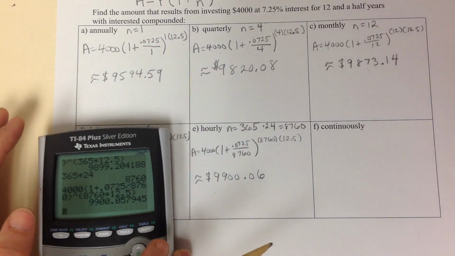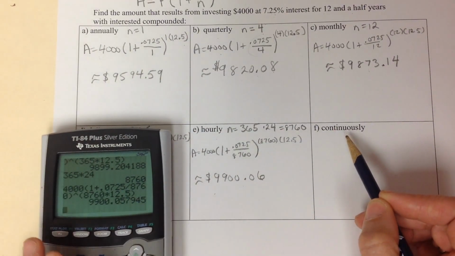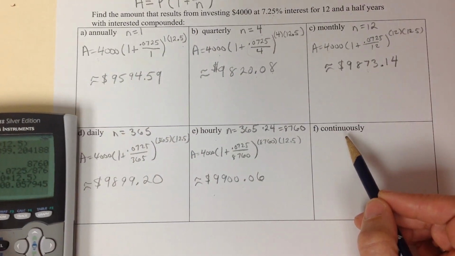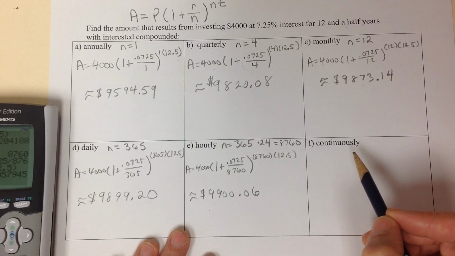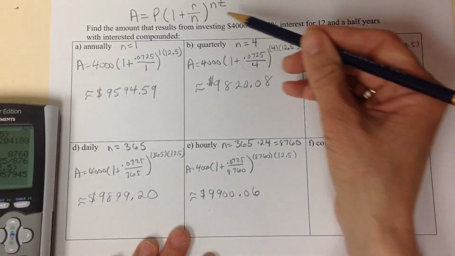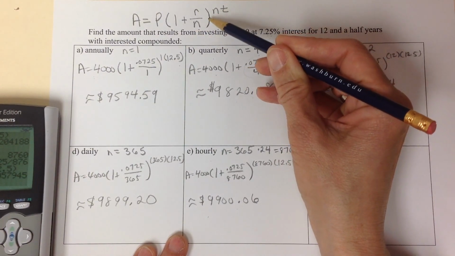Well, what about this one? It's compounded continuously. That means at every single possible instance in time, you get interest. So more than every half second, more than every nanosecond, every single possible instance in time. Now, if we were going to try to use this same formula, the number of compoundings would be infinite.